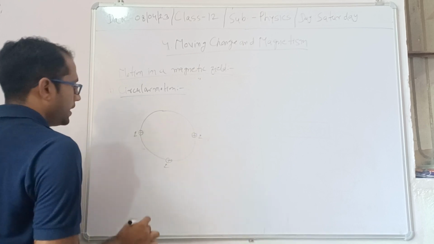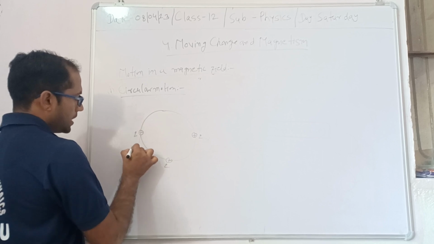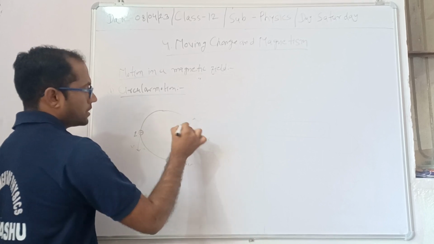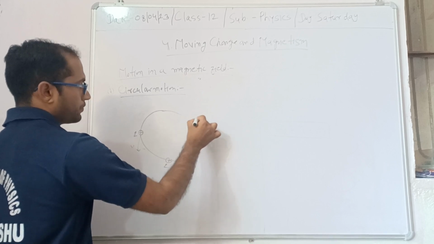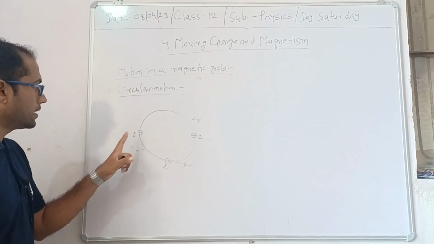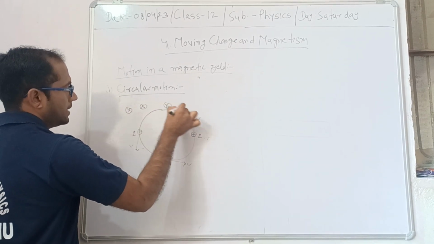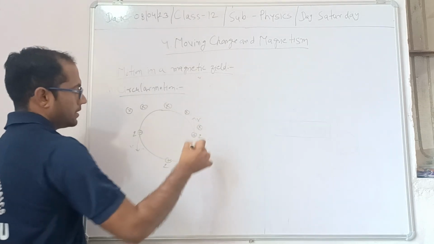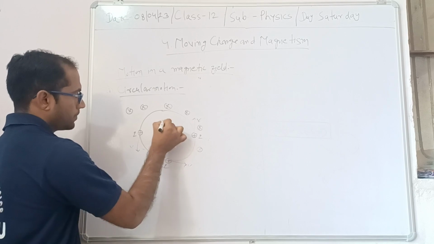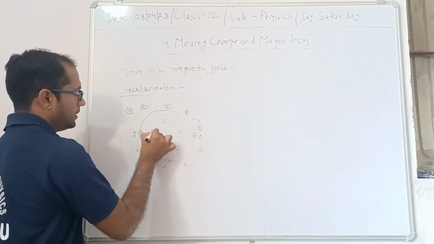The motion of the positive charge is like this, along the tangent of this circular path, with velocity V. And this is the magnetic field line. The magnetic field line is basically into this plane.